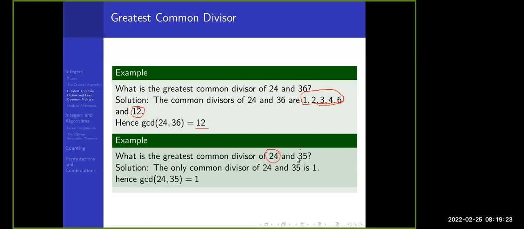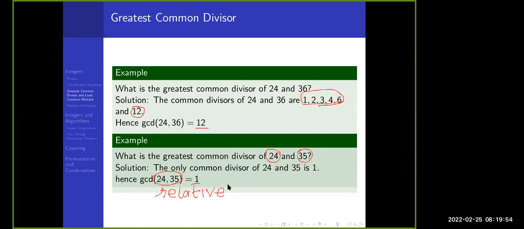The second example asks us to find the greatest common divisor of 24 and 35. Again, the only common divisor here is 1. This kind of pair has a special name. If you have a pair of numbers whose greatest common divisor is equal to 1, we say they are relatively prime.